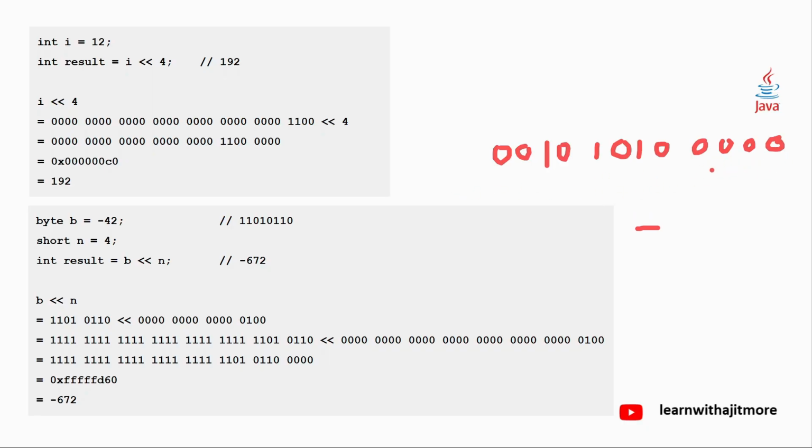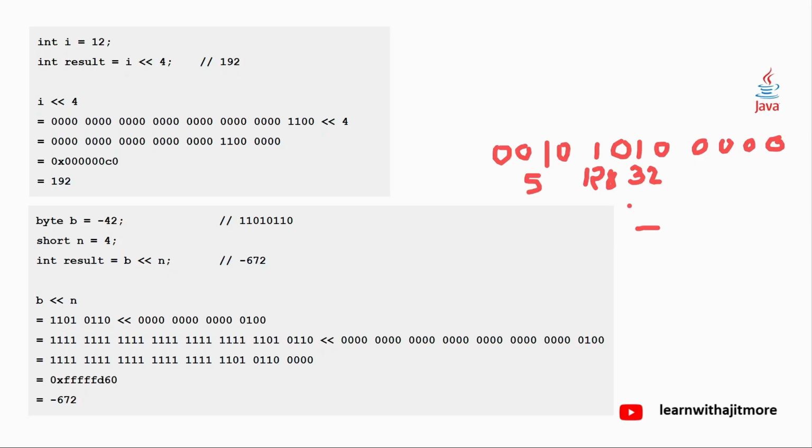0, 1, 2, 3, 4, 5. This is 32. Now, a smart person will directly read and tell 672 because you have written it. Okay, so 32, 64, 128, then 256 skip, right? And 512.